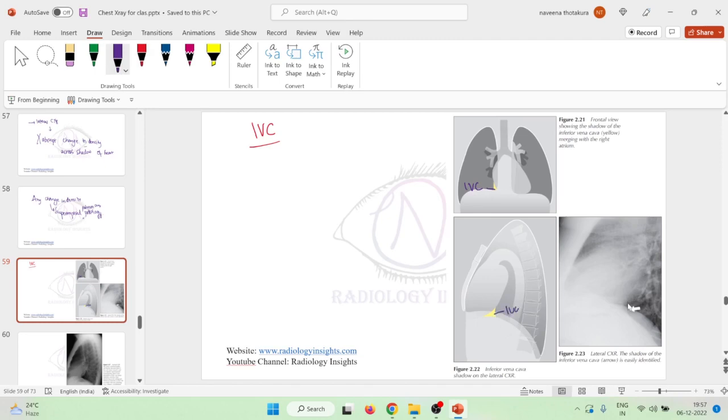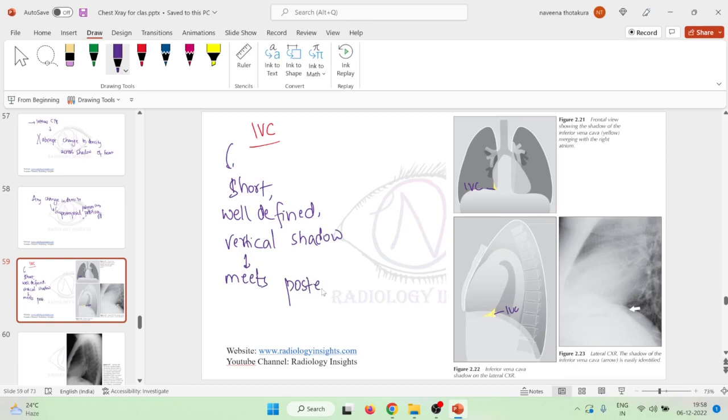In lateral X-rays, the inferior vena cava is seen as a short, well defined, vertical shadow that you can easily see, and this shadow meets the posterior and inferior aspect of the heart. This is posterior, this is down the heart.